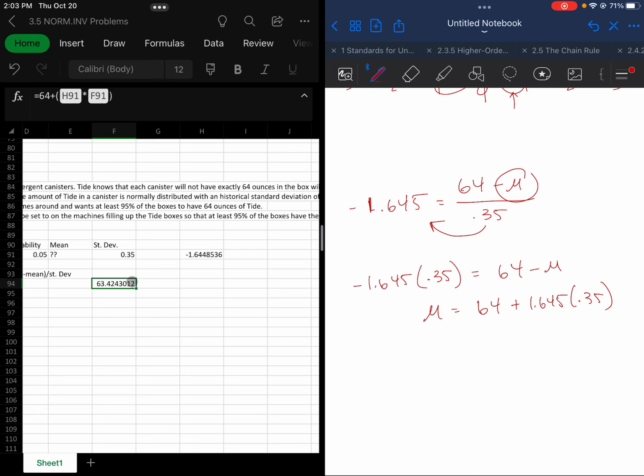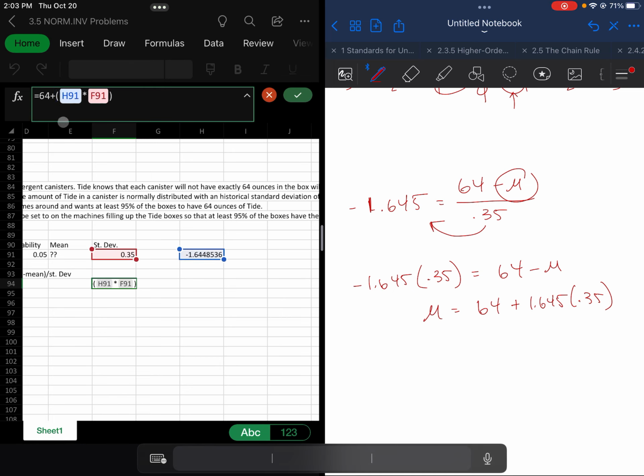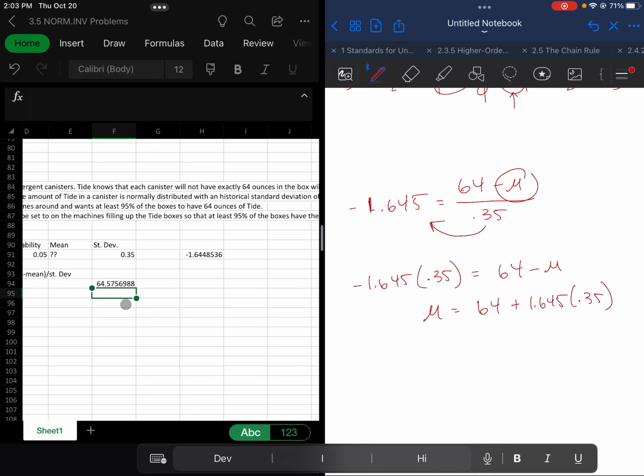Did I do that right? It shouldn't make sense to set the mean higher than that. Oh, this one was already negative, sorry. So I have to subtract the value, 64.576.